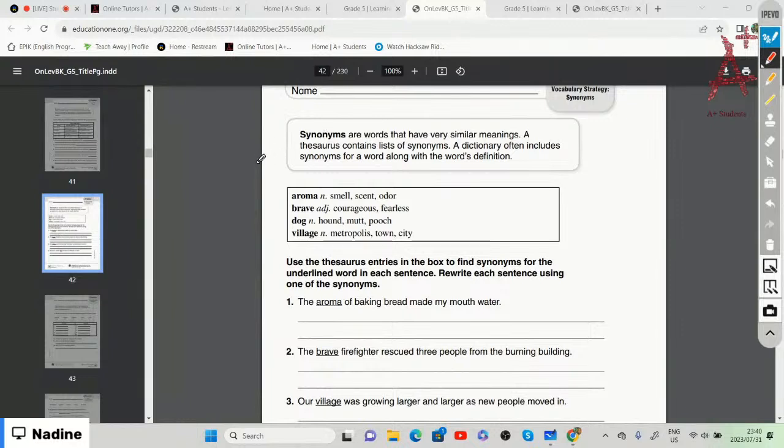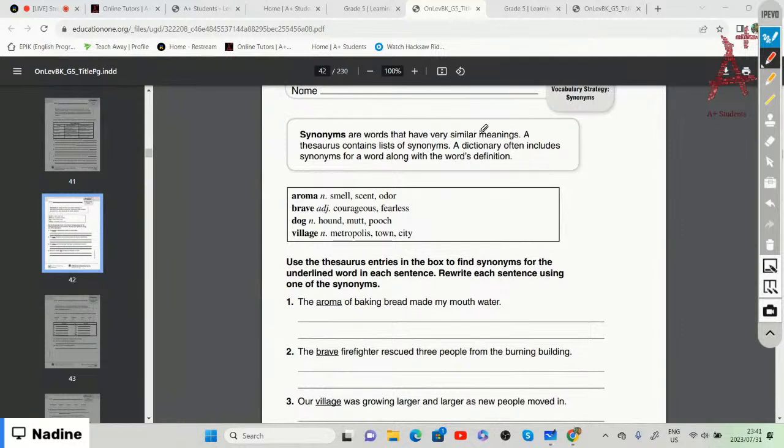With a dictionary, the dictionary will give you the meaning of the word, and it will tell you, for example, if it is a verb, an adjective, or whatever it is. Whereas a thesaurus will give us a list of synonyms, words that are similar in meaning to the specific word you are looking for.